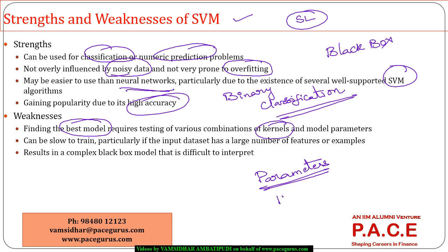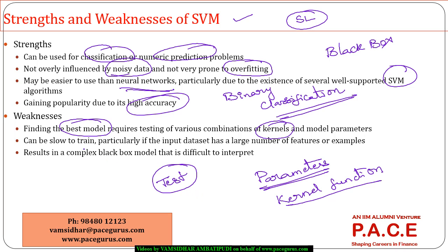Even I have to experiment with different kinds of kernel functions which are converting a nonlinear to a linear kind of behavior. So I would have to experiment with different combinations of the kernels and model parameters, and then do testing on the test data before I can conclude that this particular model is the best model for this kind of data.